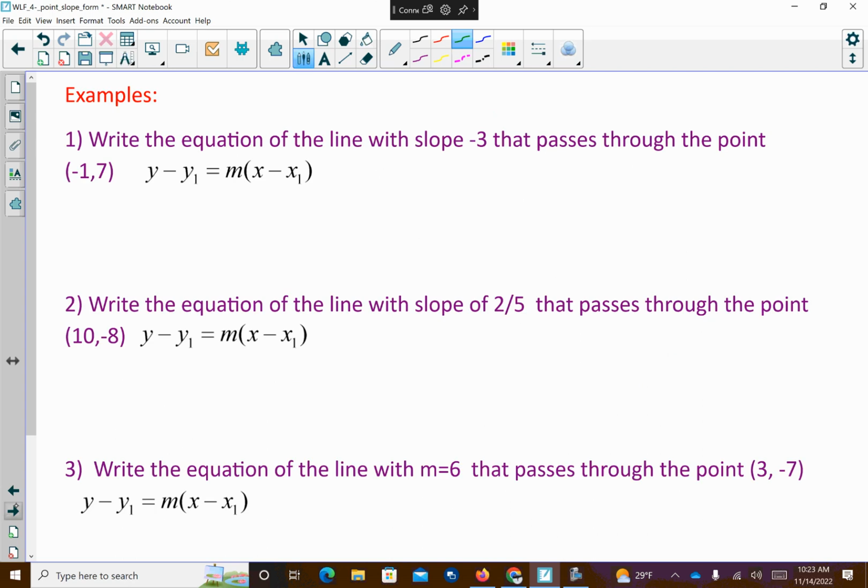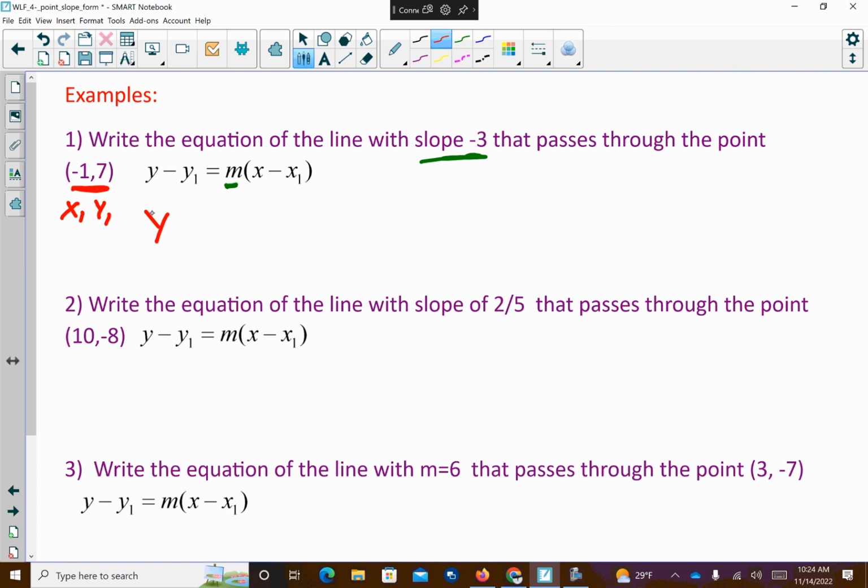All right, so we have a slope of 3. So that's our slope. We have a point here, and I'm going to call this x1 and y1. And this is on the second page. Remember, when I pulled the point out originally, it is opposite when we plug it back in.